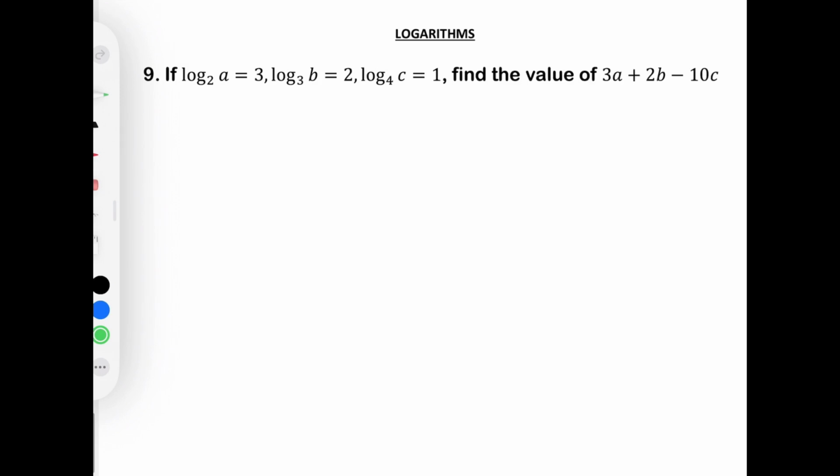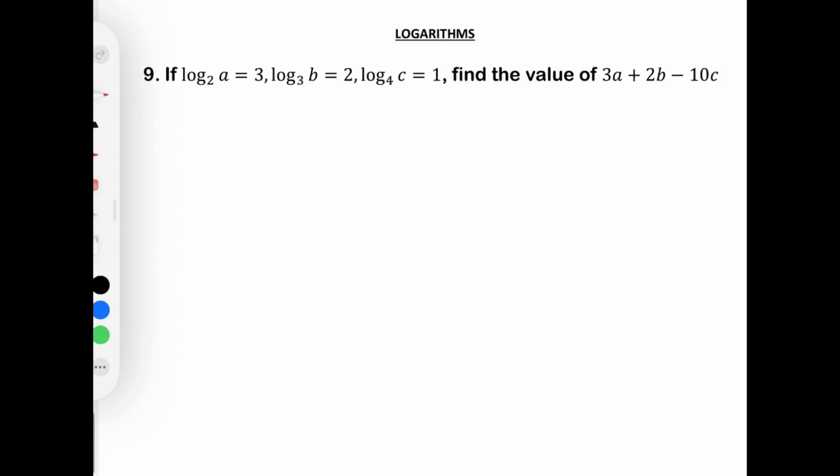The last question for this video says that if log a to the base 2 is 3, log b to the base 3 is 2, and log c to the base 4 is 1, then find the value of 3a plus 2b minus 10c.